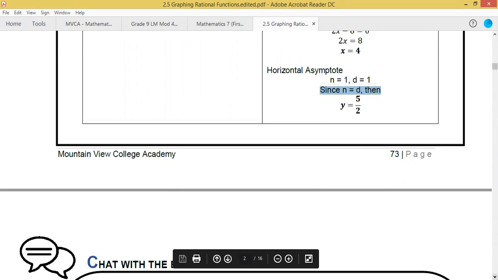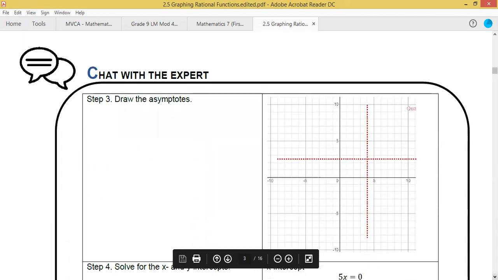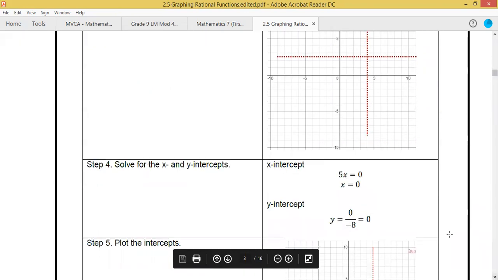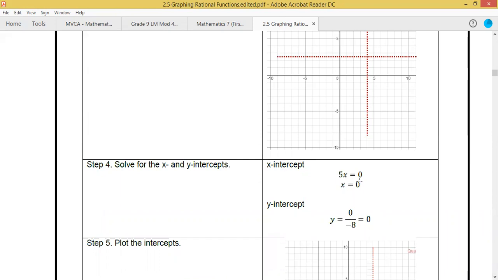Next, we draw the asymptotes. Remember, our asymptote is x equals positive 4. The other is y equals 5 over 2, or 2 and 1/2. Then we solve our intercepts. We'll go back. Our x-intercept is based on the numerator. That's 5x equals 0.